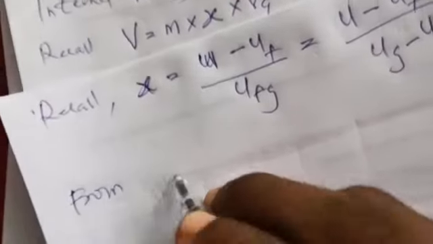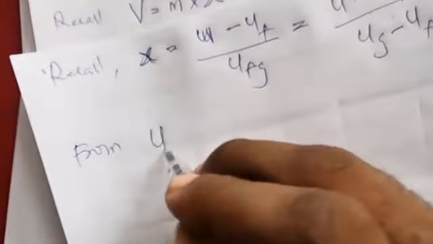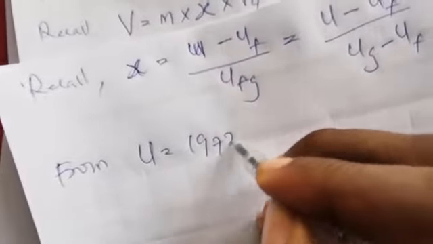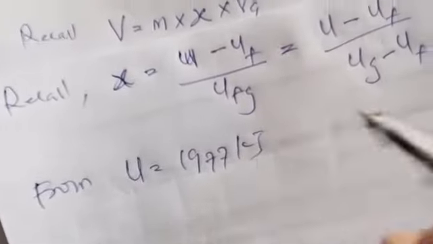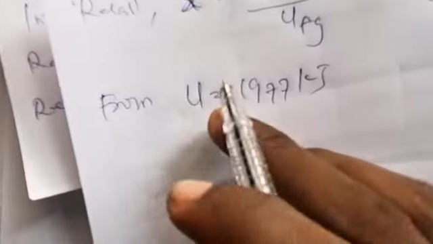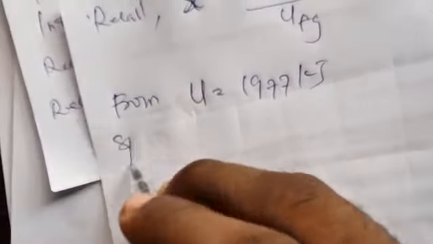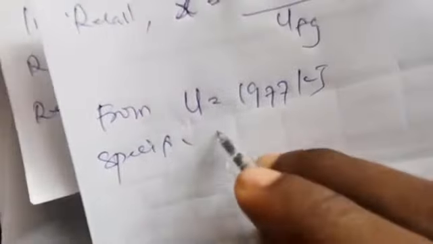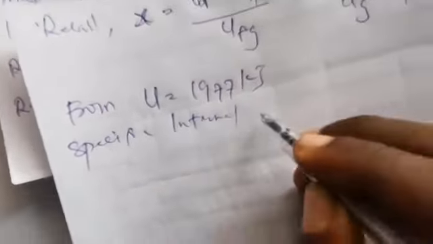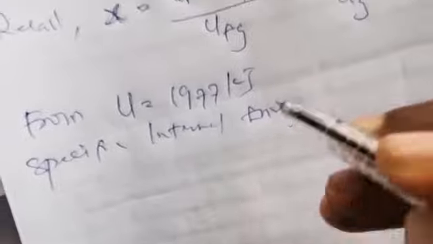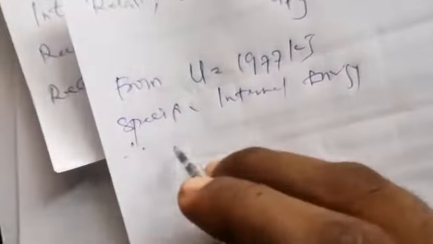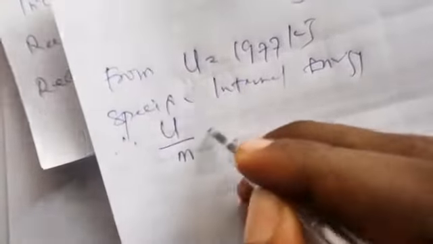From what was given to us, internal energy here is simply 1977 kilojoules. U equals 1977 kilojoules. You can convert to specific. If you convert this to a specific property, it becomes specific internal energy, therefore U divided by mass.